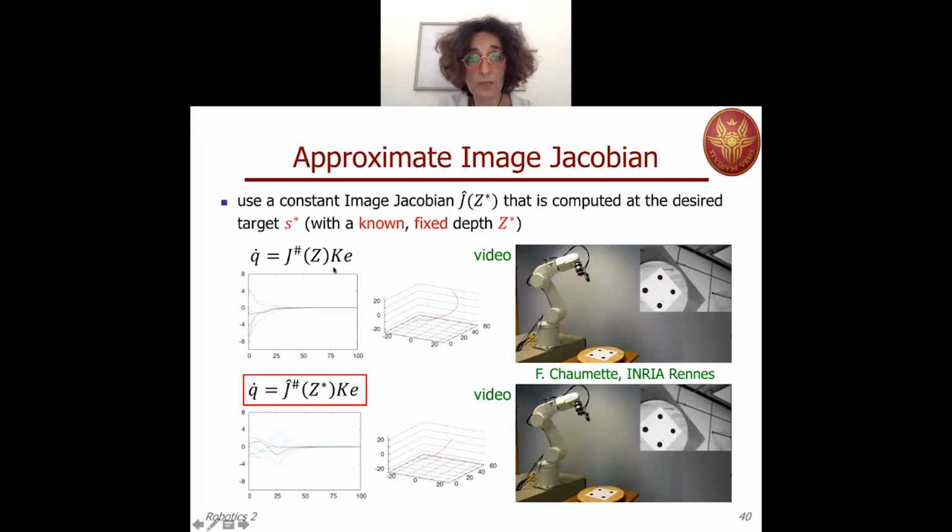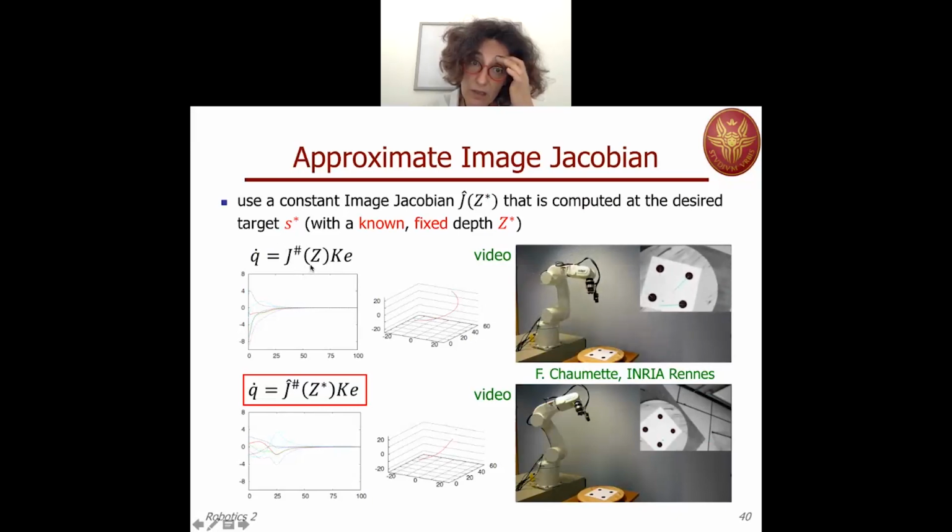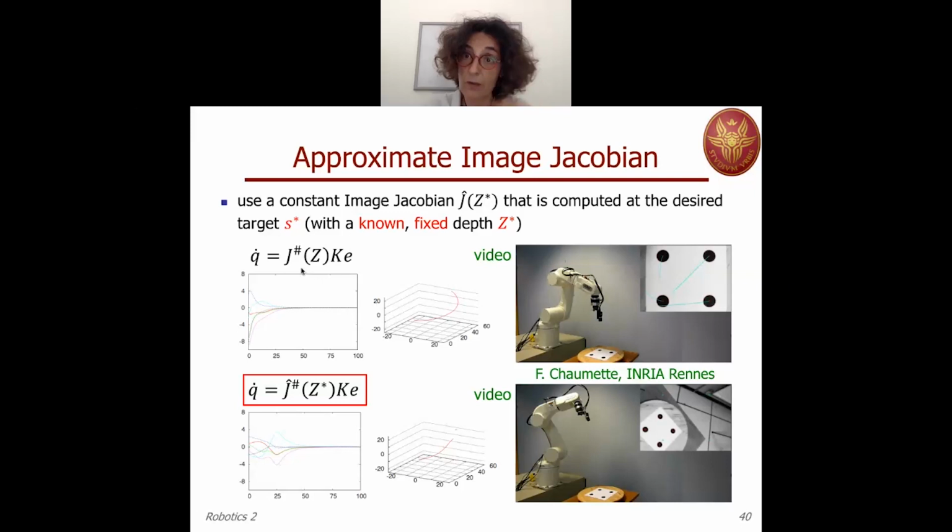Here, first, in this video J is supposed to be known, while here we have an estimate of the Jacobian, computed at the fixed depth Z star.